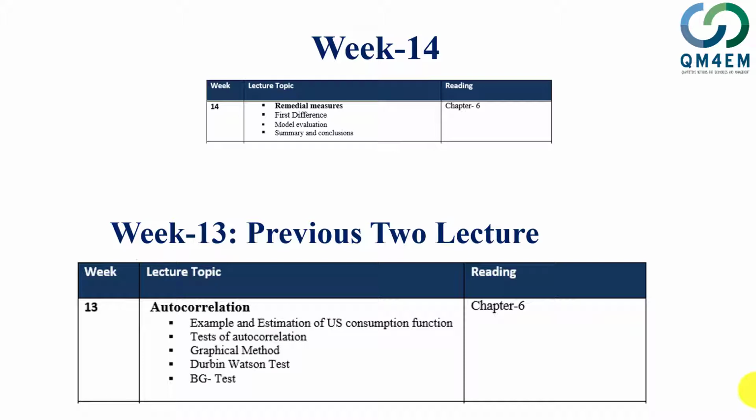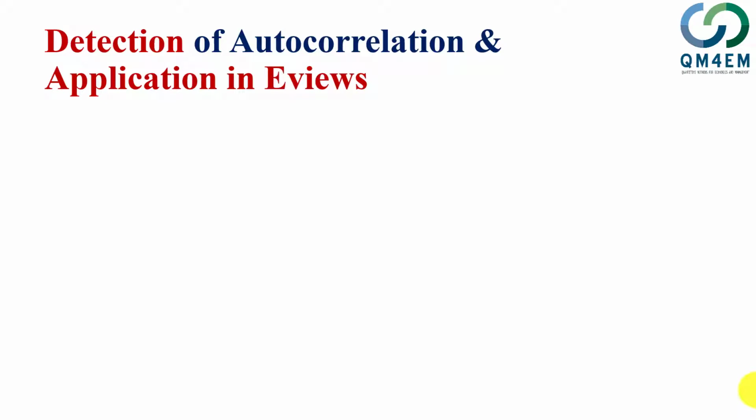Secondly, we did also discuss the causes of autocorrelation, and we saw all these in detail. In a previous lecture, we discussed the tests for detecting autocorrelation. We talked about the graphical method, and how two graphical approaches can guide us on the presence or absence of autocorrelation.